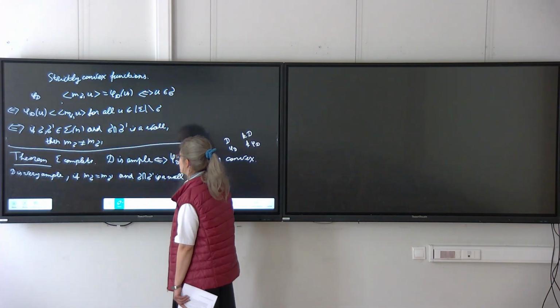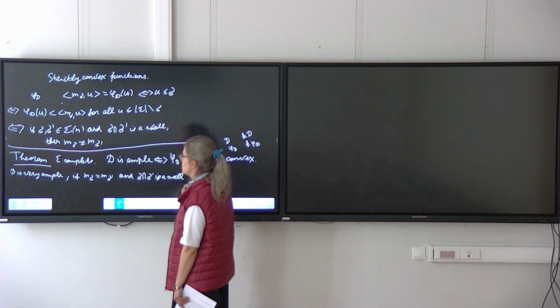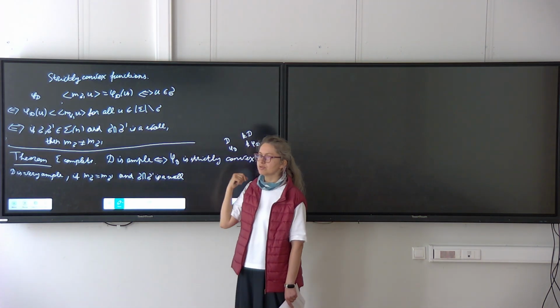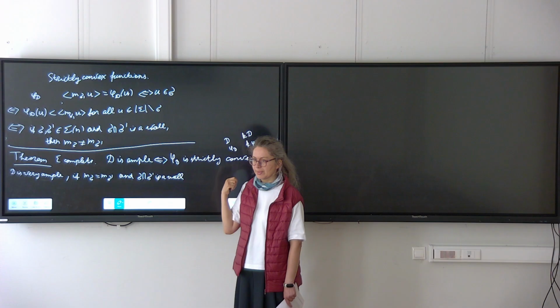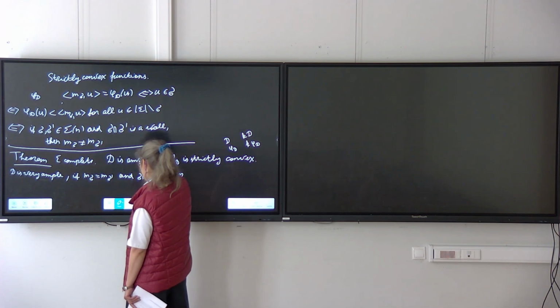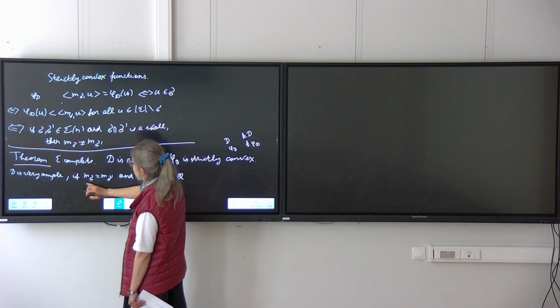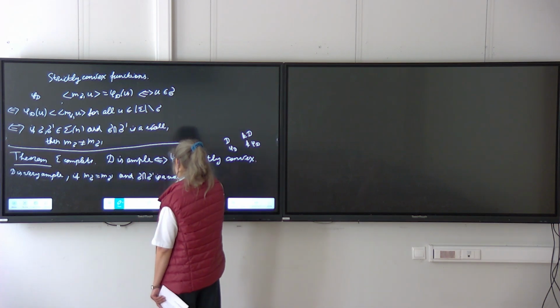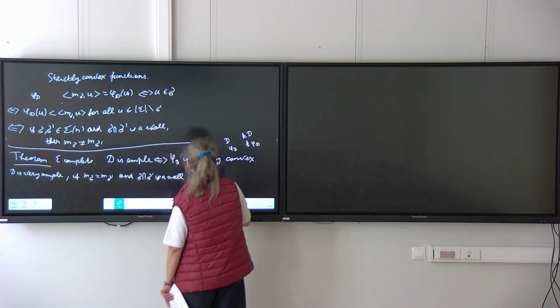Okay. What happens in this case? A very ample divisor is a divisor which gives a closed embedding. Okay? So one of the characters will be chi M sigma. What is clear?